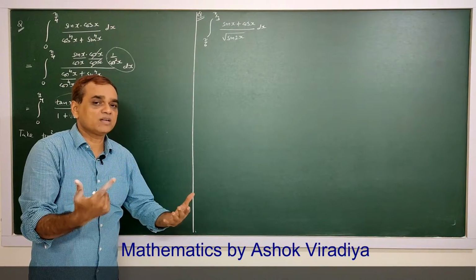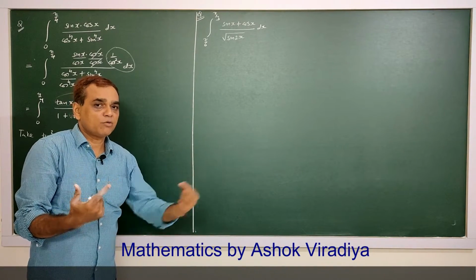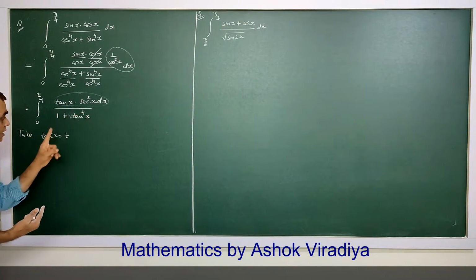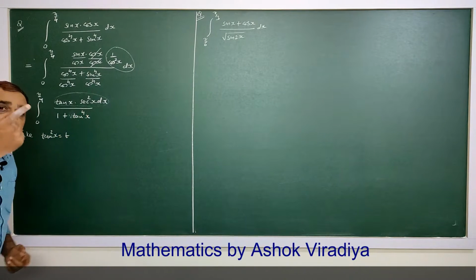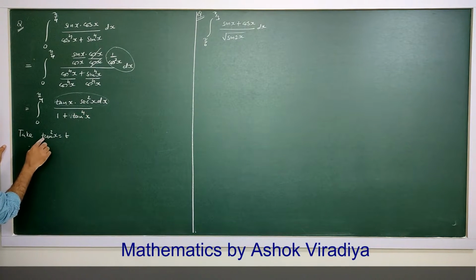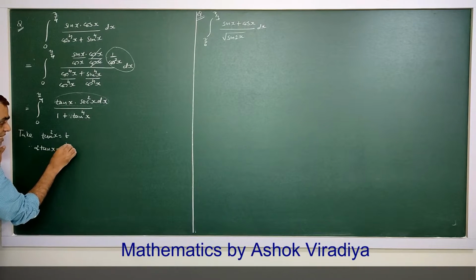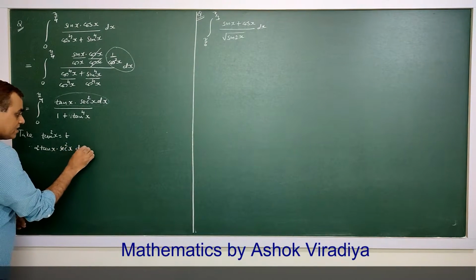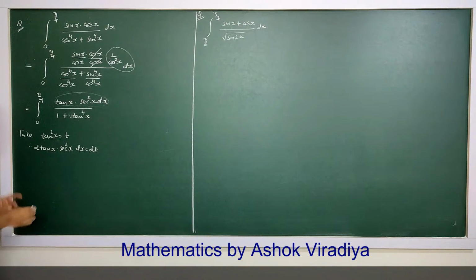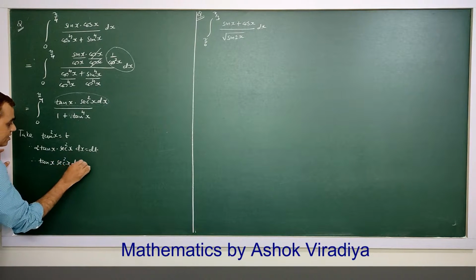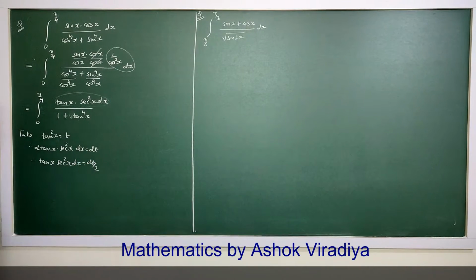There is no formula for the integral of something upon 1 plus t raised to 4. We have it for t square. So taking tan square equal to t, we convert this into a square. So tan square x is t. Now differentiating this, the derivative of tan square x is 2 tan x into the derivative of tan x, which is sec square x, dx is dt. So tan x into sec square x dx is dt upon 2.